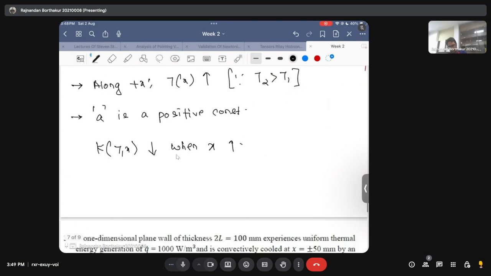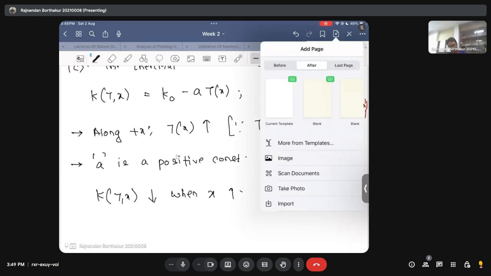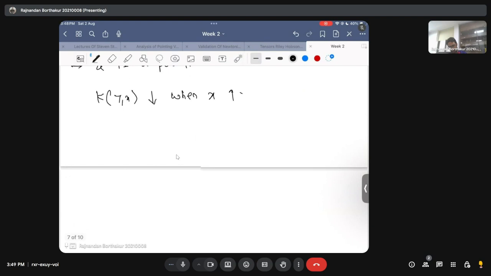And finally, they have asked us to evaluate the fourth point, which is how dT/dx varies along plus x. And for this we will use our good old Fourier's law.